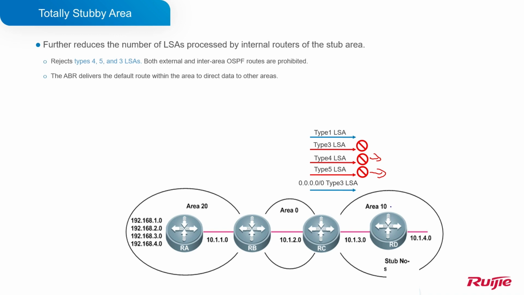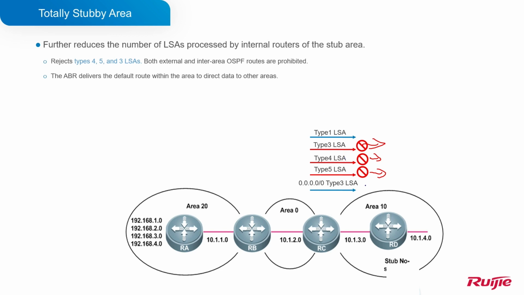It means we can't receive the detailed type 3 LSA information here. So this is the difference from the stub area, because the stub area can receive the detailed type 3 LSA information. But for the totally stub area, we not just block type 5 and type 4, we also have to block the LSA information of type 3, right?